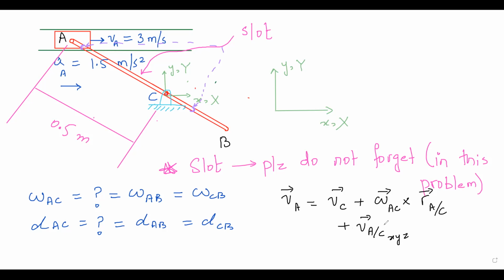Raise your hand if you are confident. Since there is a slot, the velocity of A with respect to C small xyz is going to be non-zero. You see this purple line that I have created, this is a slot, so the distance can change between the point C and A.